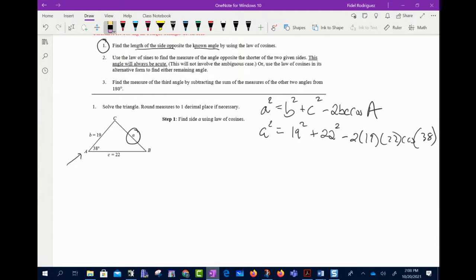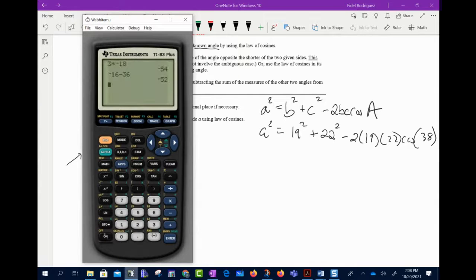First thing I'm going to do is grab my calculator. Let me turn it on, clear it out. I want to make sure that my calculator is in degrees, so I'm going to go to mode, and yes, I'm still in degrees. We were in degrees when we did the law of sines on Monday, and we're still in degrees here. Okay, so let's take this. We're going to go slowly. 19 squared plus 22 squared.